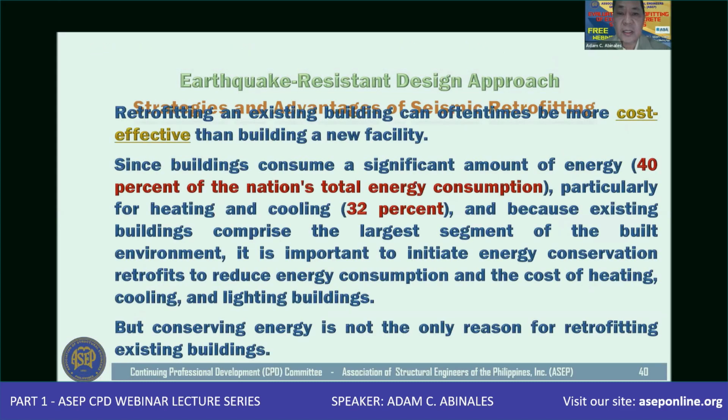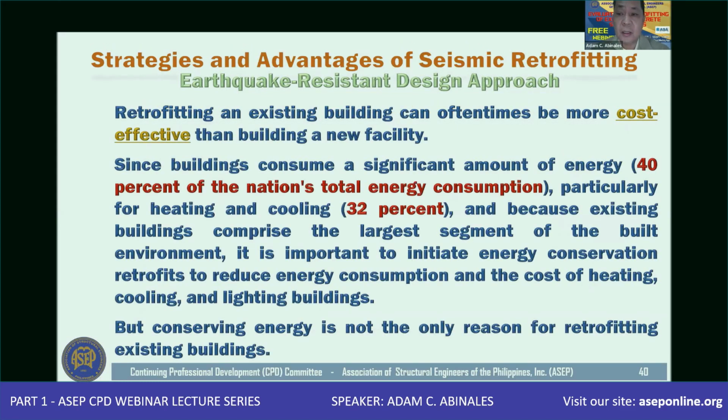So retrofitting an existing building can oftentimes be more cost-effective than building a new facility. Since buildings consume a significant amount of energy, if you try to look at the sustainability in building construction, 40% of the nation's total energy consumption is utilized for building construction, and even occupancy, especially heating and cooling, which is almost about 32%.